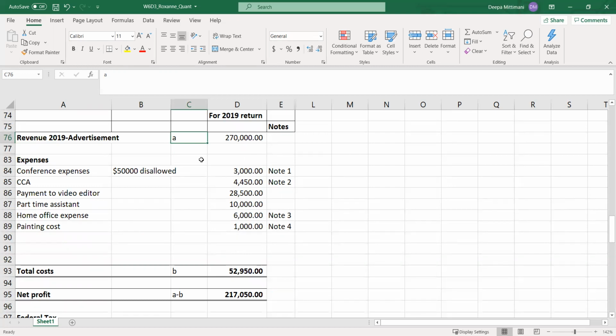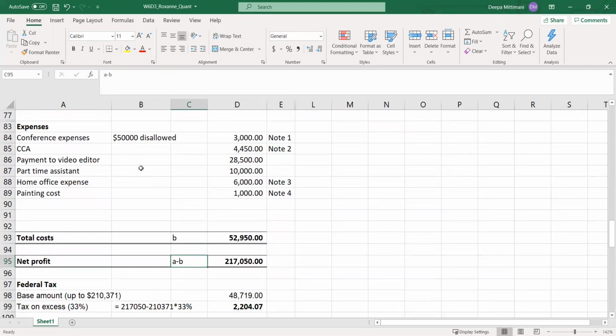Here we have taken revenue and the allowed expenses, those are the total costs, and then that would be the net profit. Here, I simply mark this as A, this as B, so that I don't have to write again that revenue minus expenses is the profit. So just titling it here and then putting A, B, A minus B is my calculation. So I'm showing my calculation.